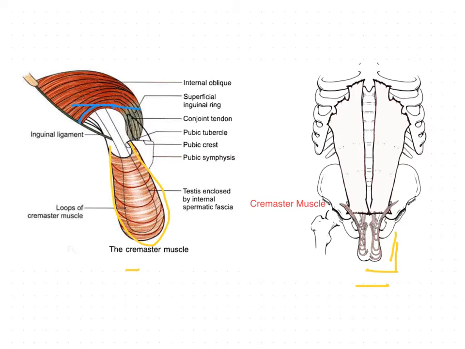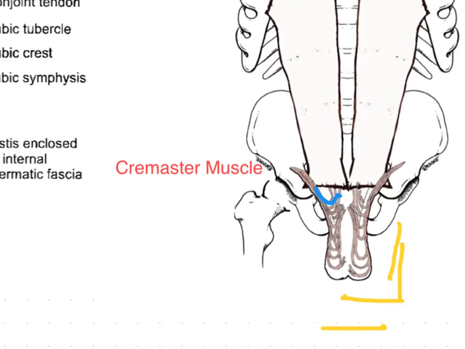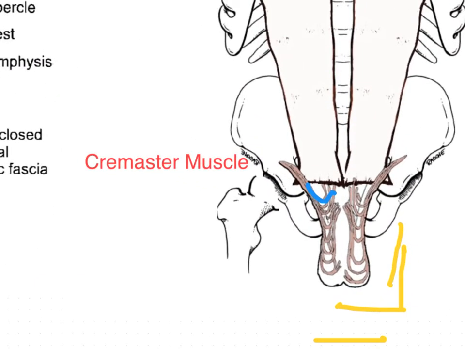The muscle consists of loops of muscle fibers, of varying lengths, with connective tissue in between them. Between these two loops, some connective tissue is present.